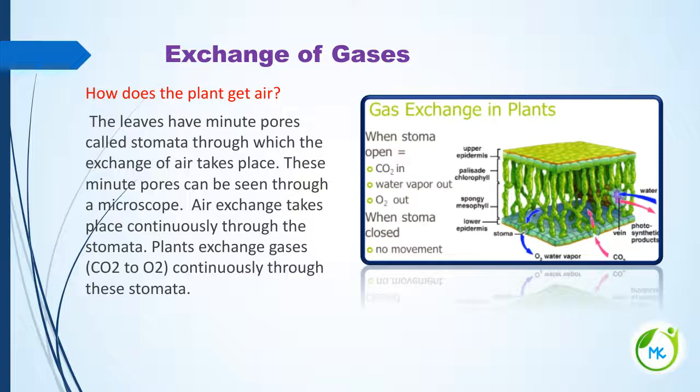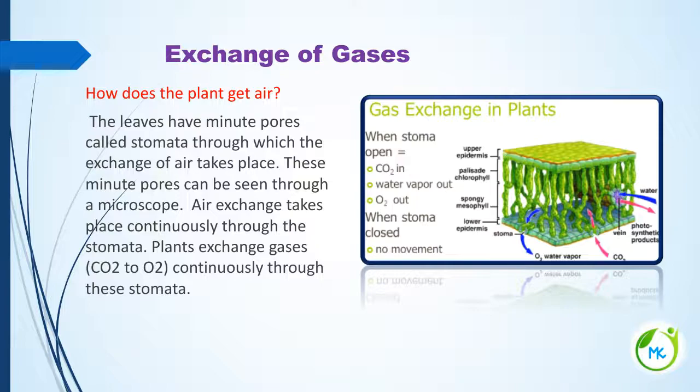The last topic is exchange of gases. So how does the plant get air? The exchange of air takes place in the plants by means of minute pores called stomata. These minute pores cannot be seen with our naked eyes.